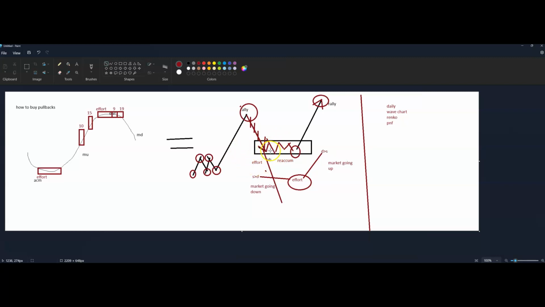And when they buy at those prices, the volume builds at those prices, and it looks like effort. And then if they stop the decline because they keep buying, they're reaccumulating for the next rally up.